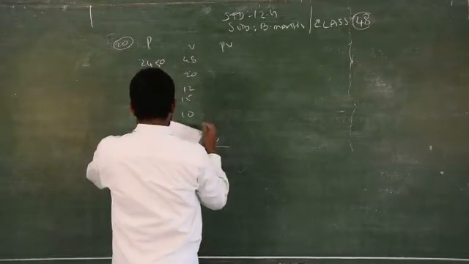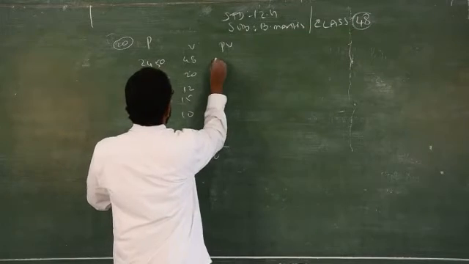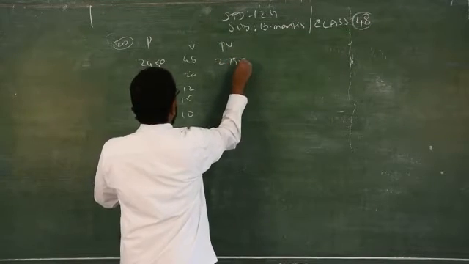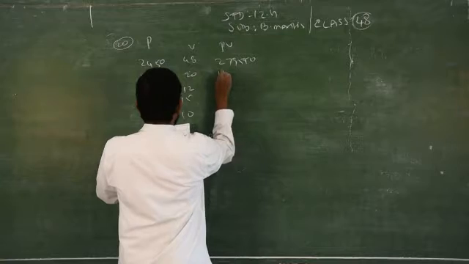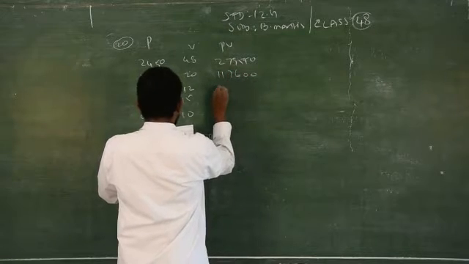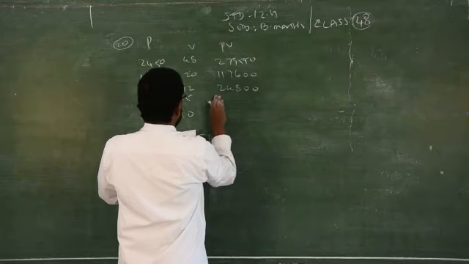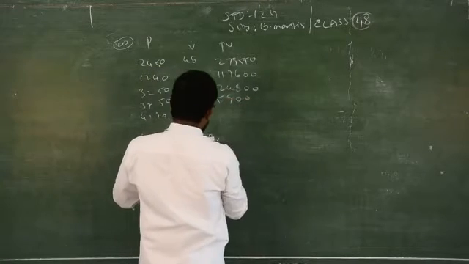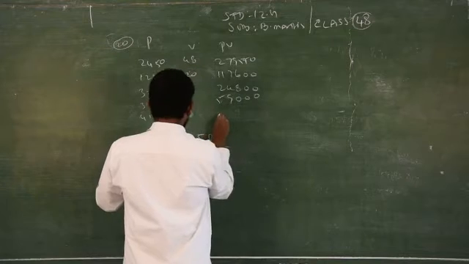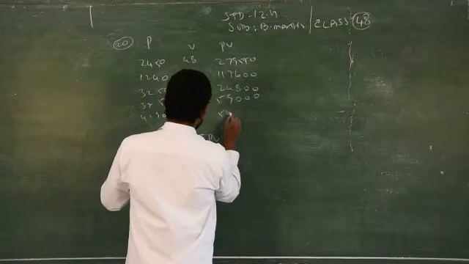So PV, I will write down the answer straight away: 279550, 117600, and 24800. Then 59000. The last one, 56250.